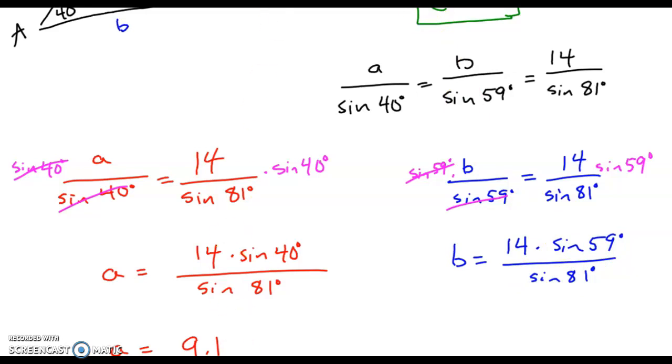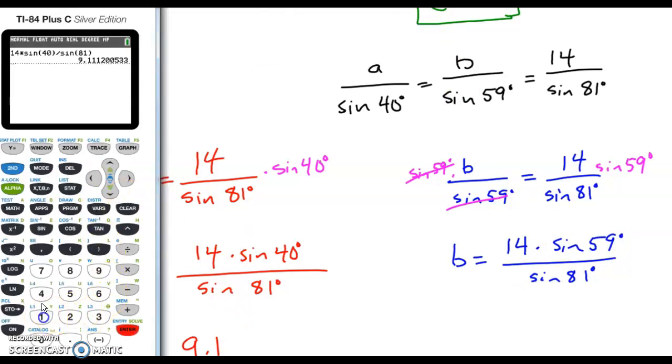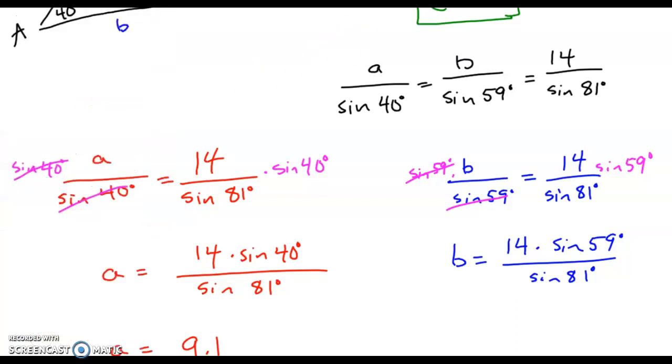I can then type that into my calculator: 14 times the sine of 59 degrees divided by the sine of 81 degrees, and I get about 12.1. So that tells me that side length B is 12.1 units.